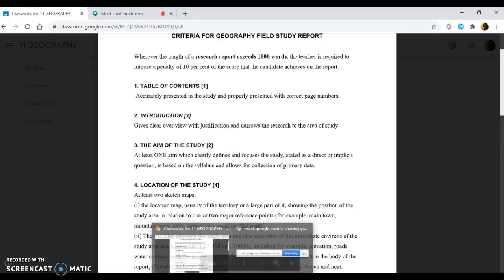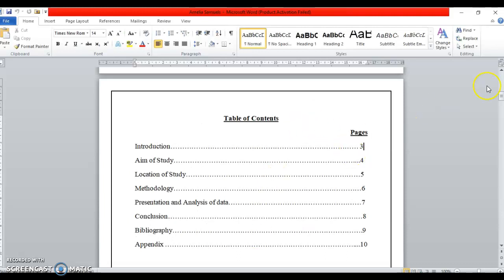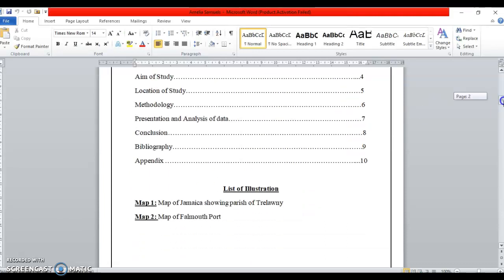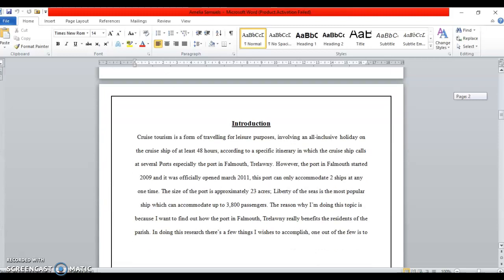All right, let us look at this sample SBA. So we had looked at the table of content. All right, so this is this person's introduction. They were looking at cruise tourism, so now they're giving an overview of cruise tourism. Cruise tourism is a form of traveling for leisure purposes involving an all-inclusive holiday on the cruise ship and so on. So the person is discussing tourism. Now I'm going to jump to the last sentence.